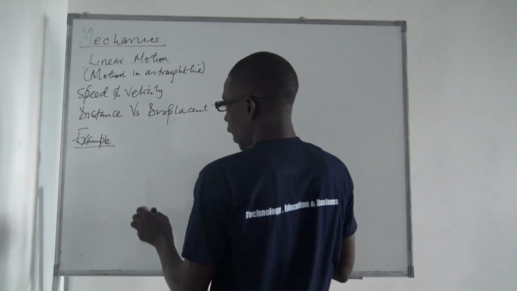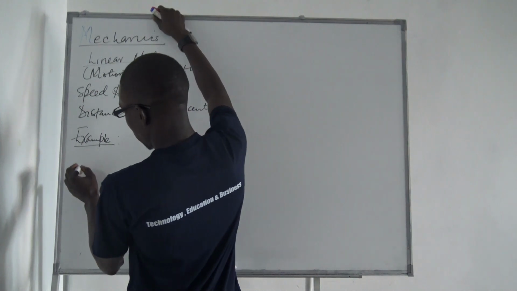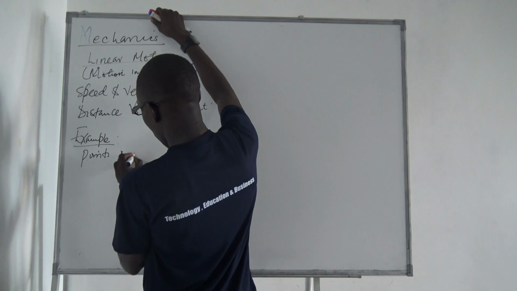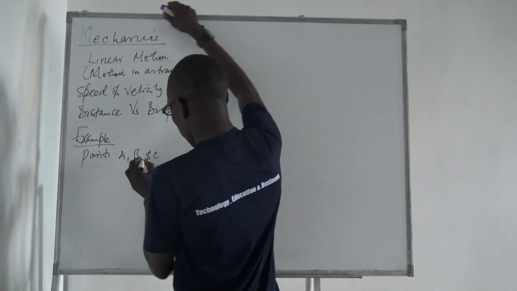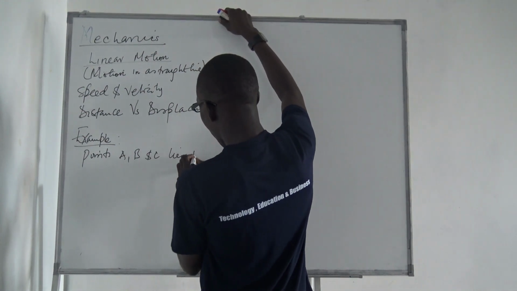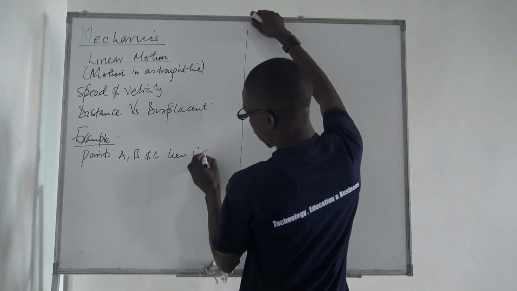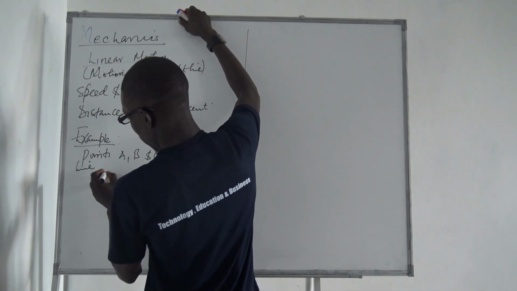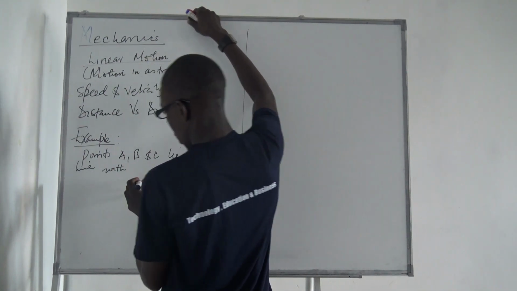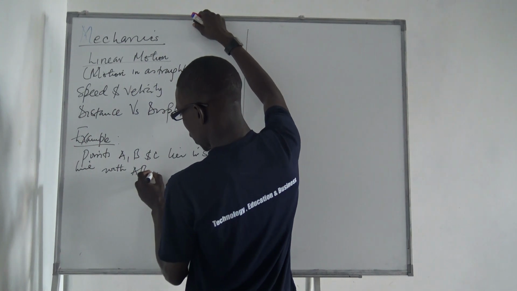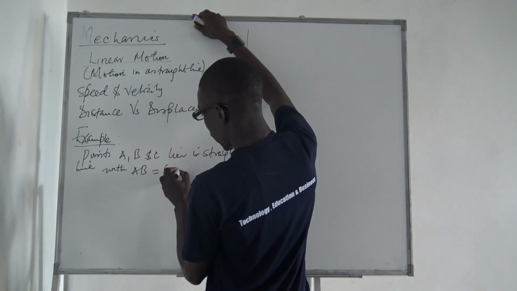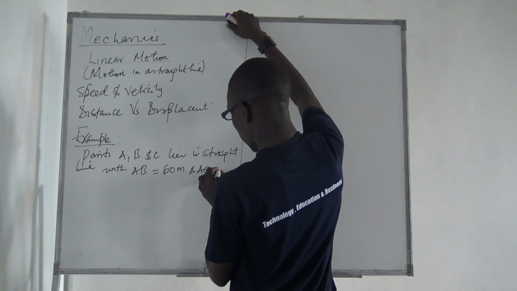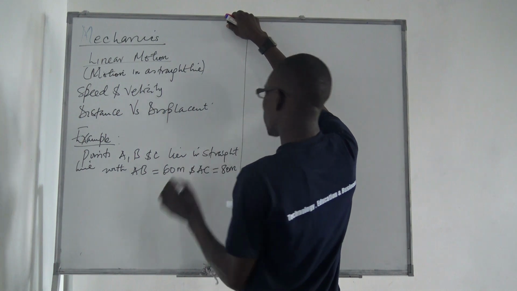We can look at one example. Points A, B, and C lie in a straight line, with AB equal to 60 meters and AC equal to 80 meters.